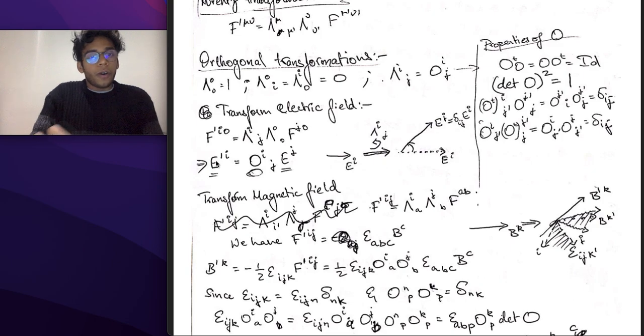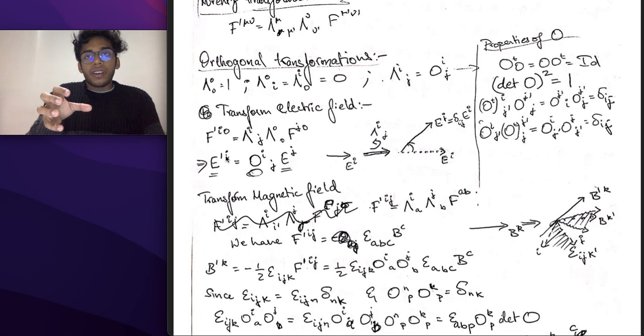So one thing to note here is that the transformed electric field is given by the original field. When you look at this, E dash i is equal to O_ij E_j. Note that this j here and this i here don't matter. One thing that is very confusing is that it seems like indices have a major role to play.